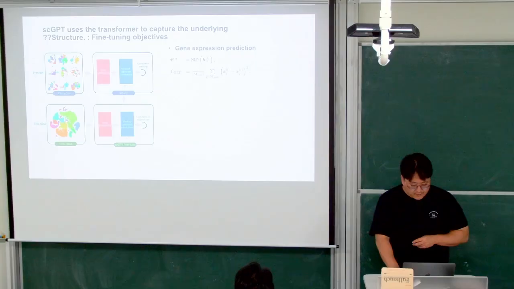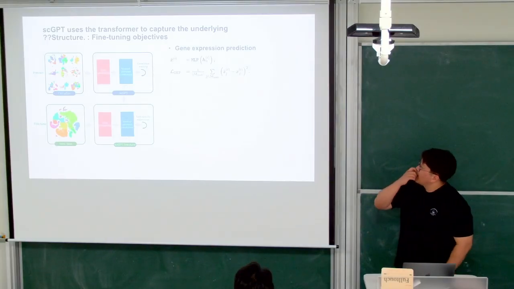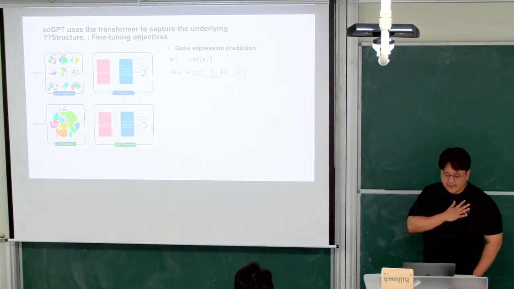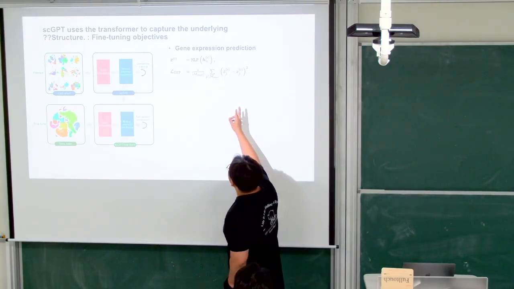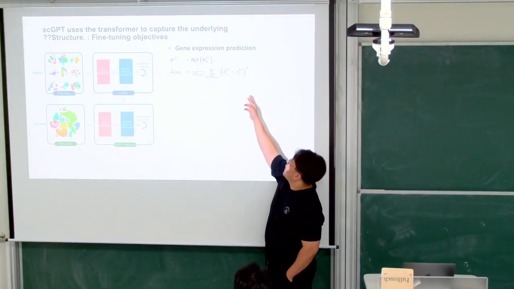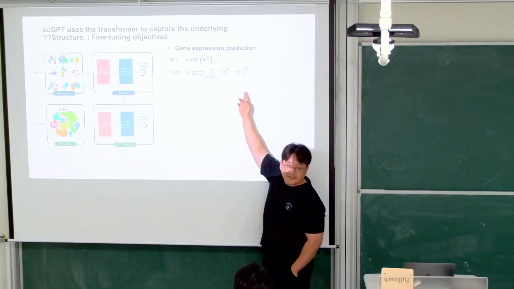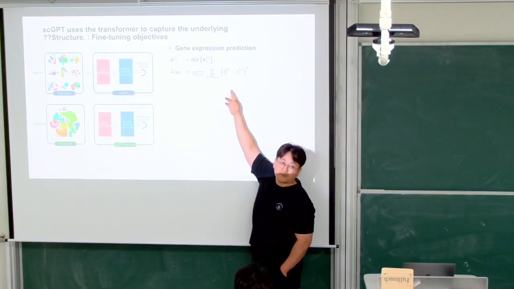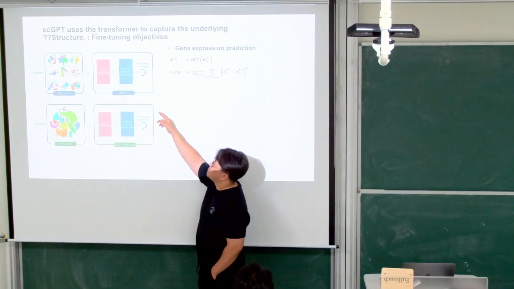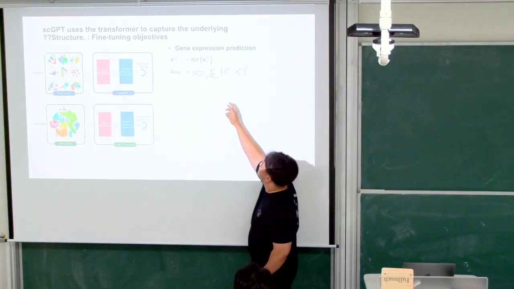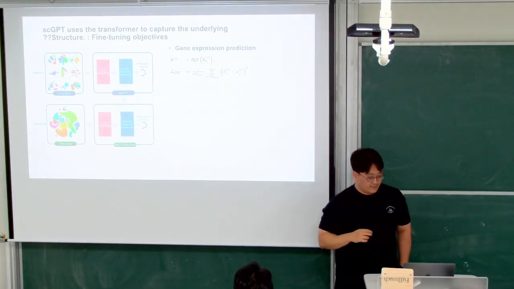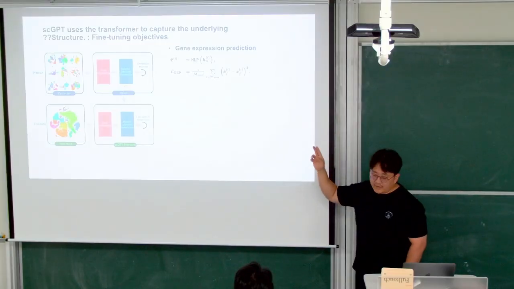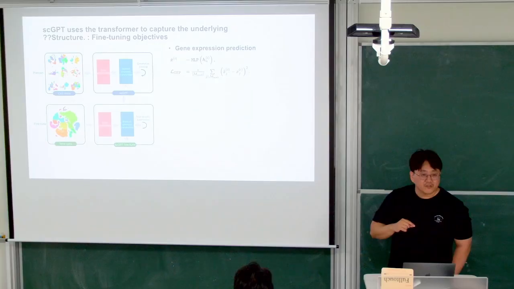To do that, they use three loss terms. The first loss term is just simple gene expression prediction. This is our preprocessed data set, and this is the one predicted from this model. We will use this as one of the loss function terms.